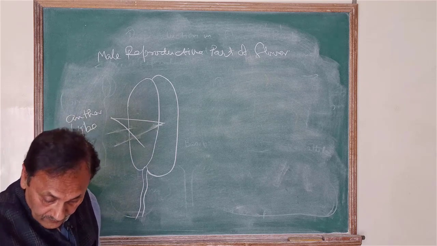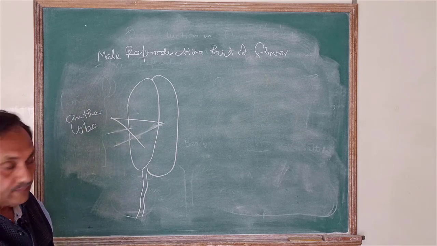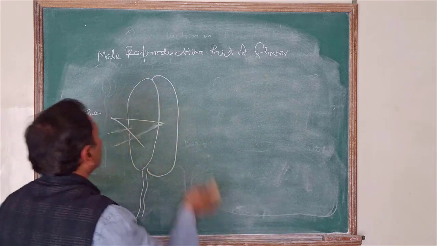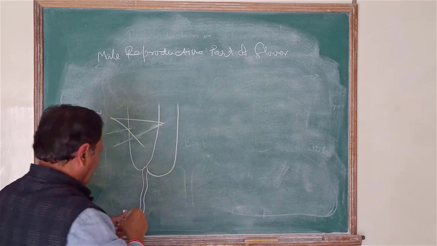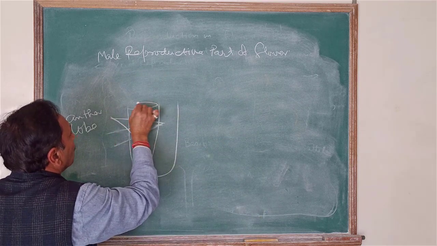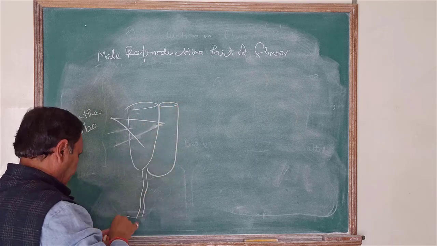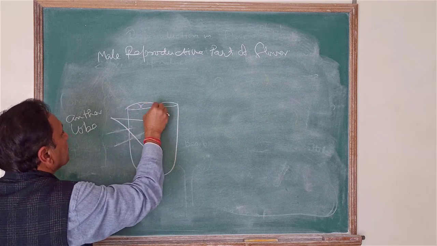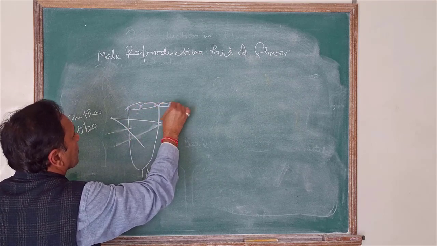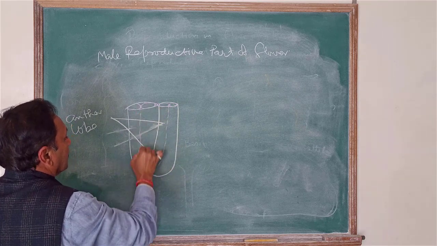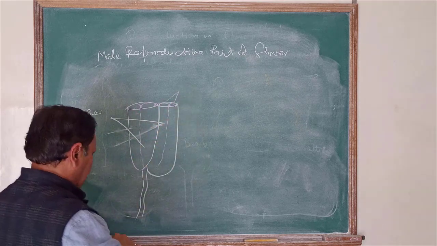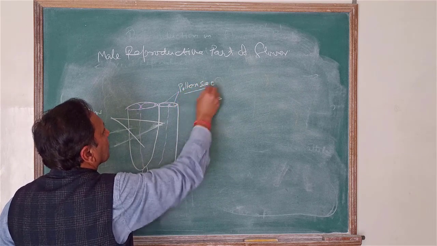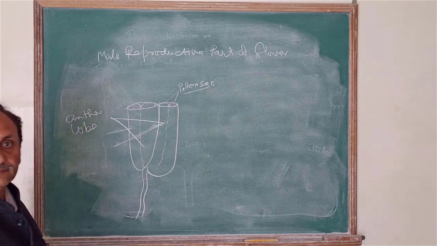Generally, it has been observed that one anther lobe has two. If you cut a section of this anther lobe, then you can observe that each anther lobe has two such structures, and this is called pollen sac.